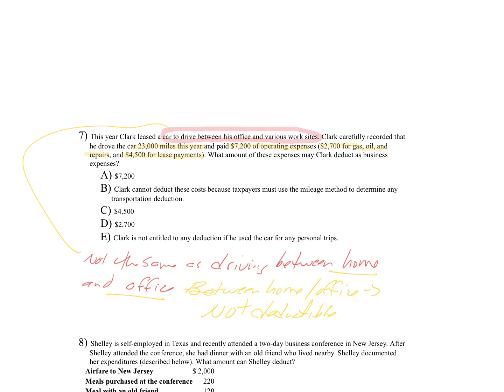So in that situation, he does get to deduct all of those expenses related to operating that vehicle. He's got these $7,200 of operating expenses, and so he can deduct those. He could alternately deduct the standard mileage offered by the IRS, the cents-per-mile rate for that vehicle, instead of those operating expenses.